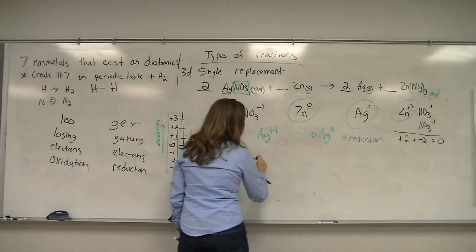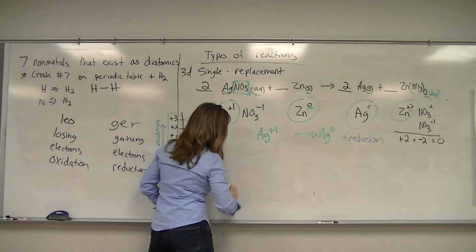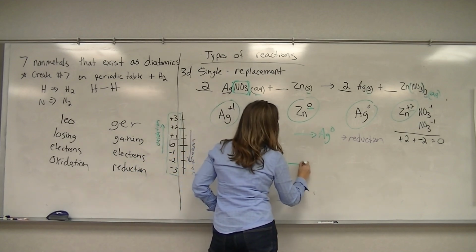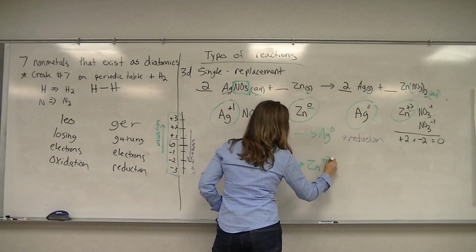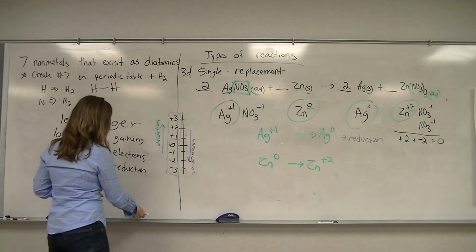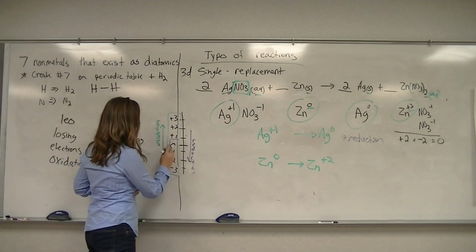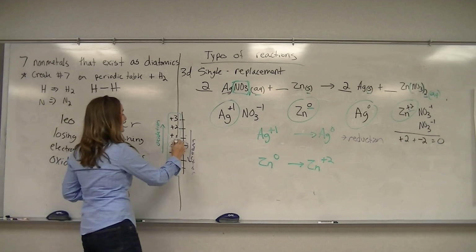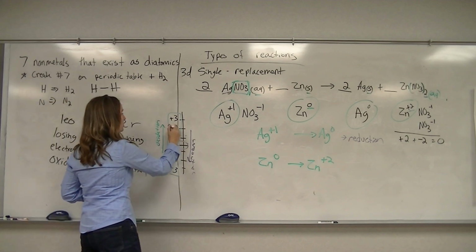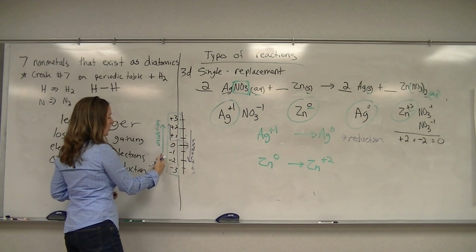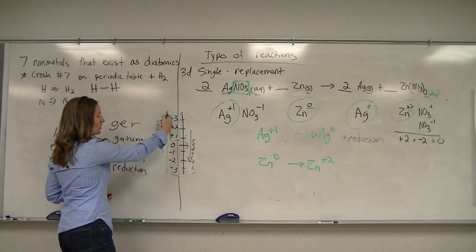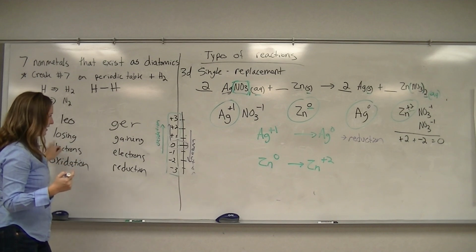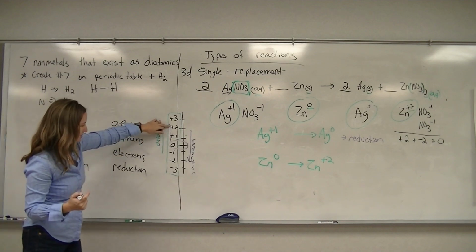So let's isolate that guy down here. He went from zinc 0 to zinc +2. So now going over to our scale, starting at 0, he went in the upward direction to the +2. And if we go upward from a 0 to a +2, we are losing electrons to get there, because we're losing negatively charged electrons to become positive.